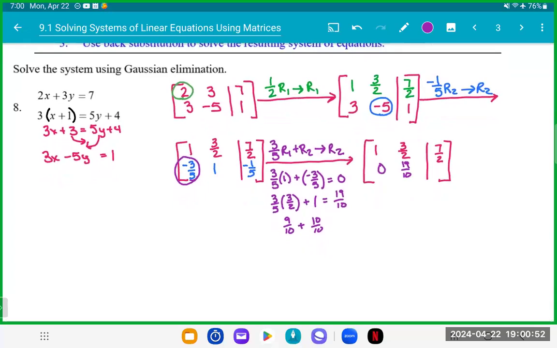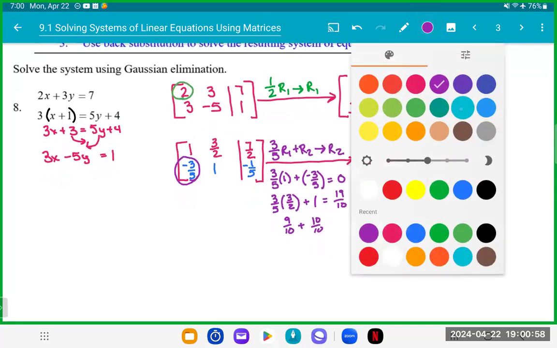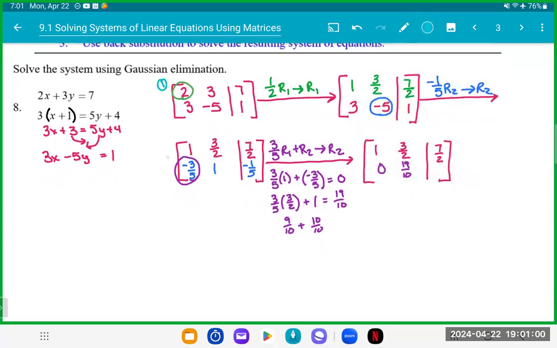And then I'll show you what it would look like if we had done this first, this second, and then this third, right? How does it look different and how we have less steps? But we're going to finish this out this way just to show you how we get that.